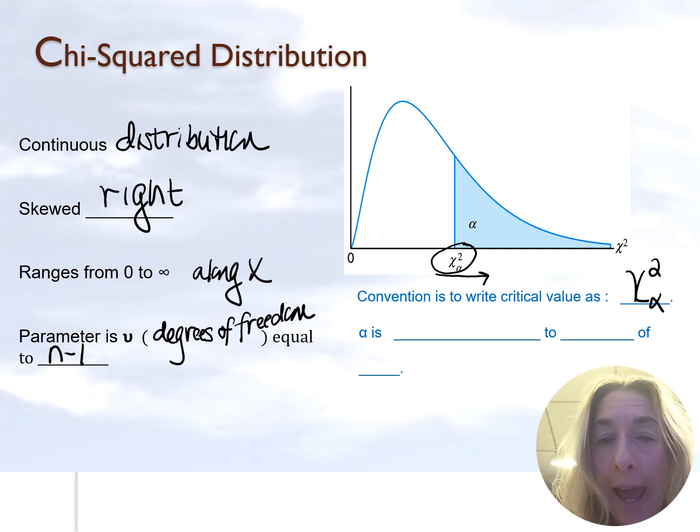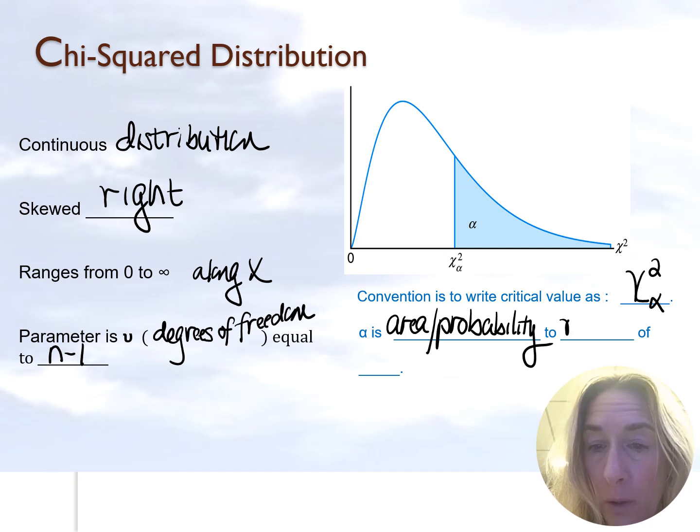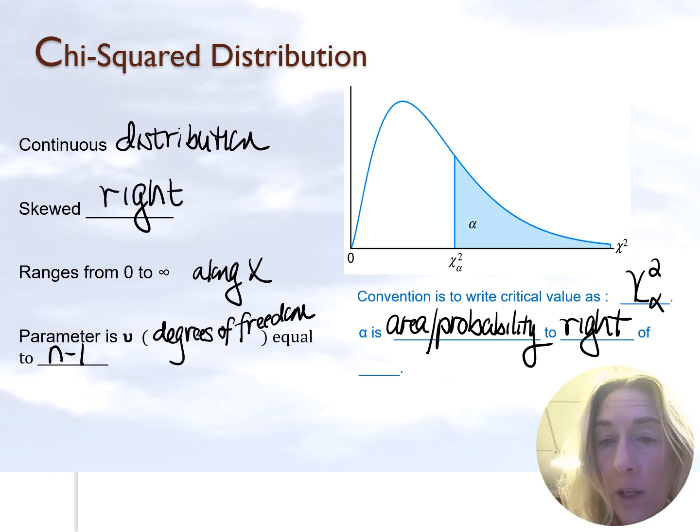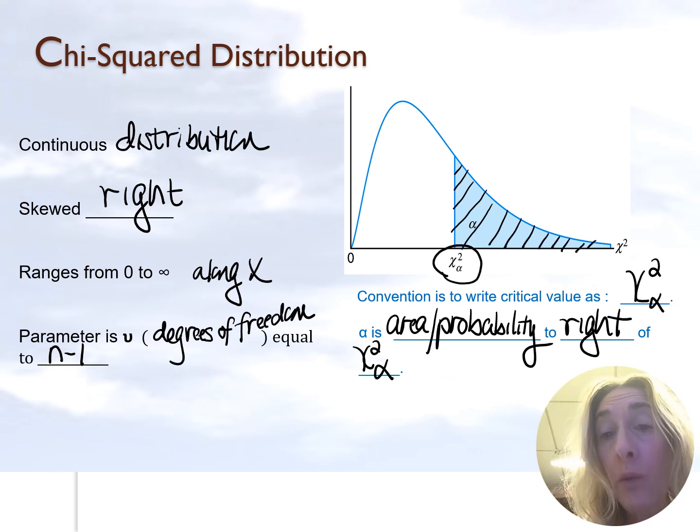Alpha is the area or probability to the right of the critical value chi-squared sub alpha. So alpha refers to this area or probability that is to the right of the critical value chi-squared sub alpha.